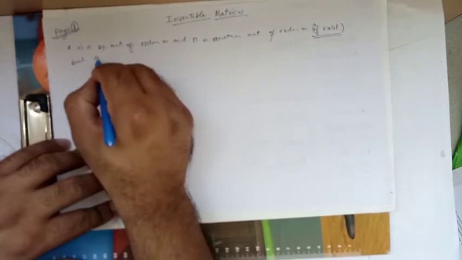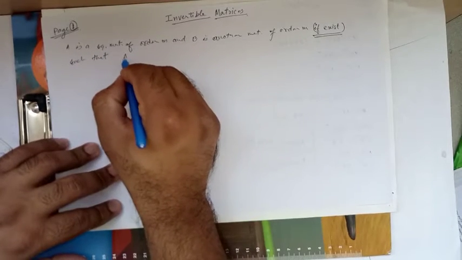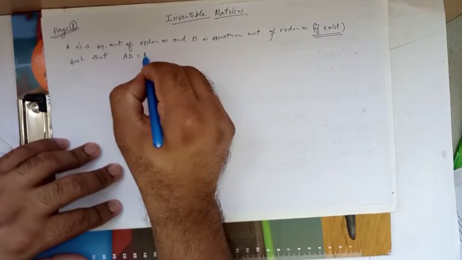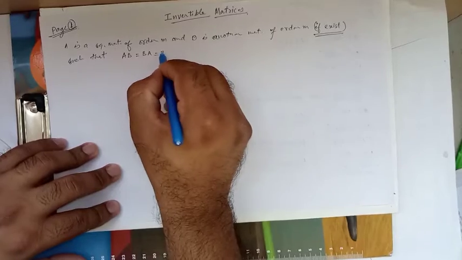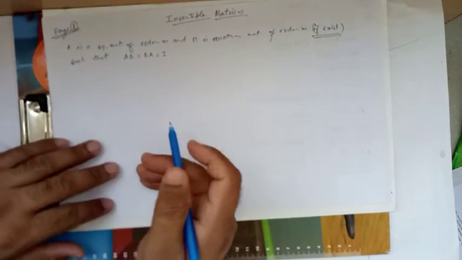such that AB equal to BA equal to I. What is I? I is the identity matrix.